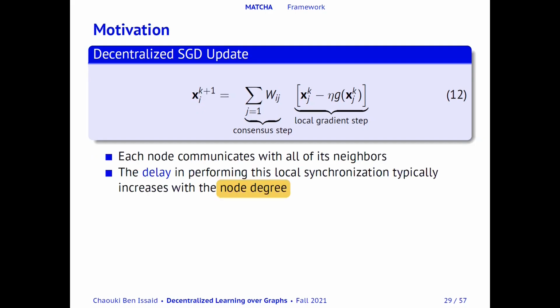However, one issue with this kind of update is that the delay in performing this local synchronization typically increases with the node degree. Hence, the node with the highest degree in the graph becomes the bottleneck.